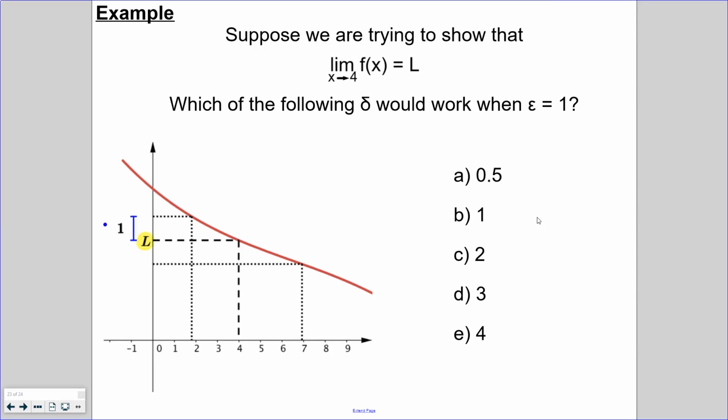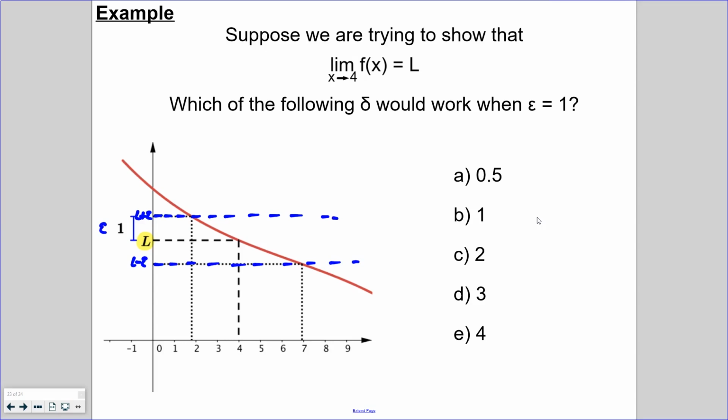And we do have our epsilon equals 1, which means we're going to have our L plus epsilon fence right here, and we're going to have our L minus epsilon fence right here.